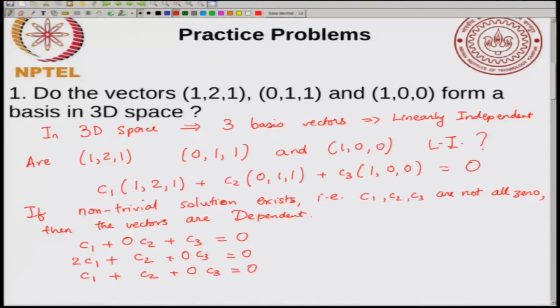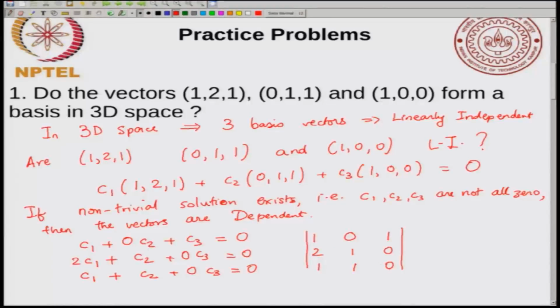You can easily show this by evaluating a determinant of the coefficients, 1 0 1, 2 1 0, 1 1 0.